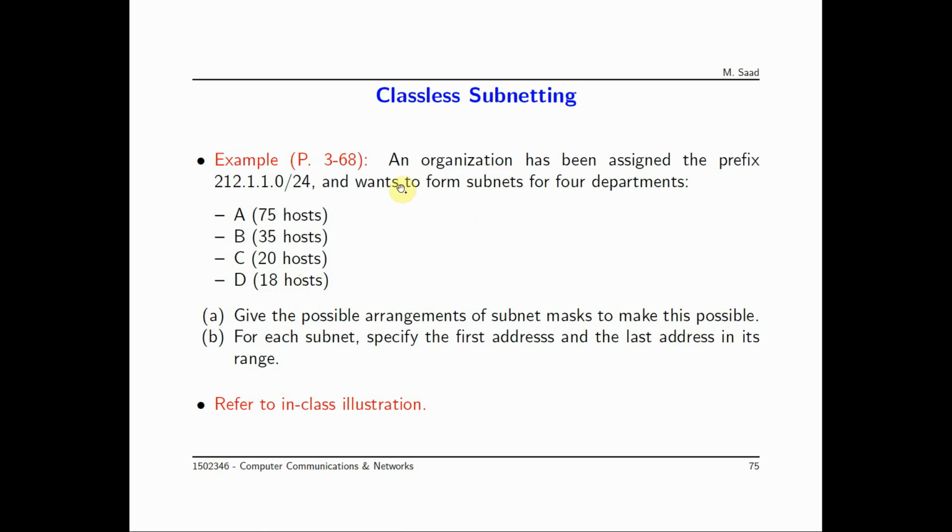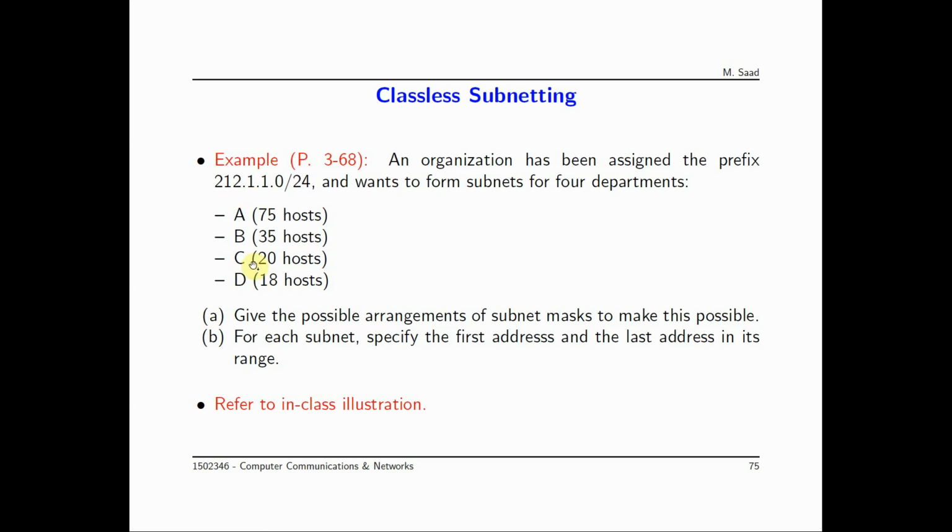We have a range of IP addresses in a classless way assigned to an organization, and that block of IP addresses needs to be divided into 4 subnets, one for subnet A, B, C, and D respectively, and for each one of these subnets we are given how many hosts we need. So what is required? 2 questions.